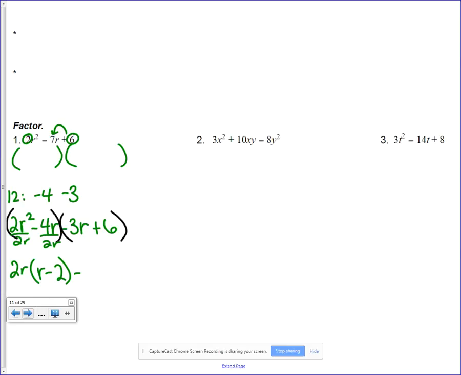What can I take out of both of those? A 3. So that means I'm actually dividing by a negative 3, folks. What do you have left? Good. So do they match? Great. Which means my repeated factor is r minus 2, and my leftover factor is 2r minus 3.